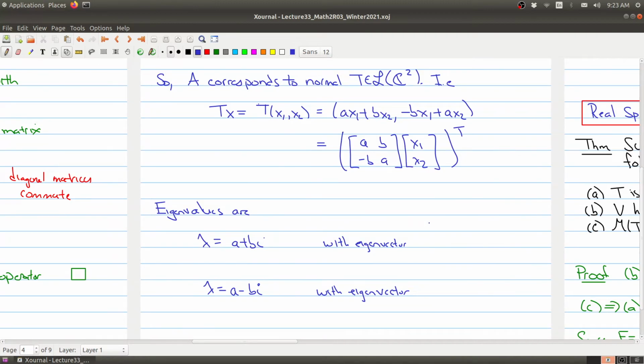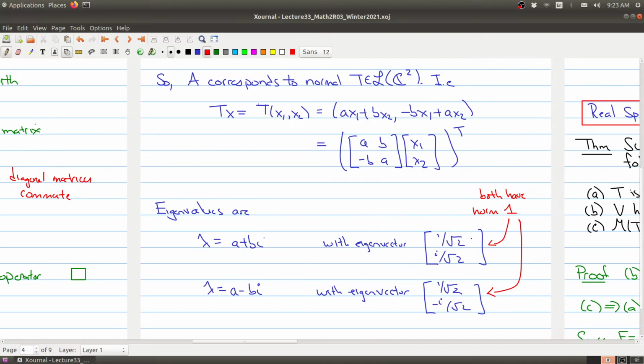And the eigenvectors are 1 over the square root of 2 and i over the square root of 2, and 1 over root 2 and negative i over root 2. You can check that both have norm 1.